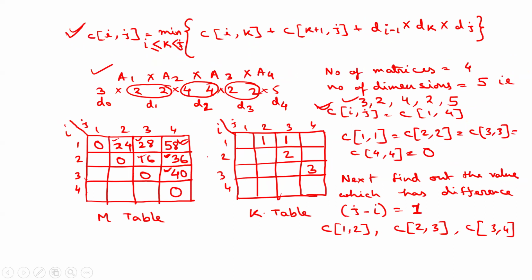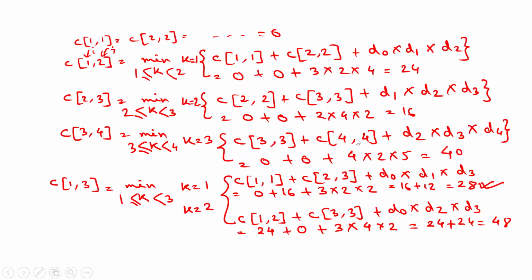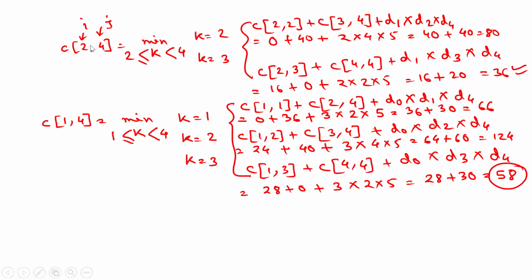So put the 58 in the table. Similarly, in the previous cell, the 36 value is coming. And what is the value of k? For 2, 4, the 36 value has k is 3.